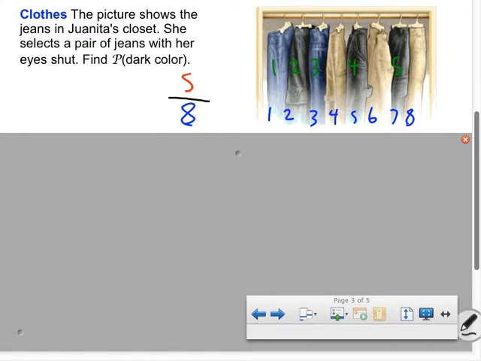Okay. And so the probability of picking dark colors. Pants. Okay. Now, that's one way to represent probability.